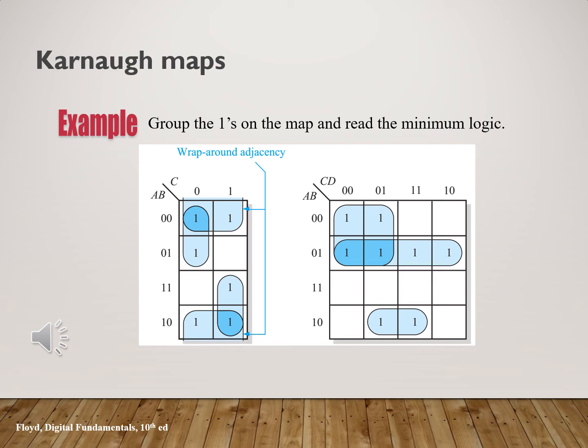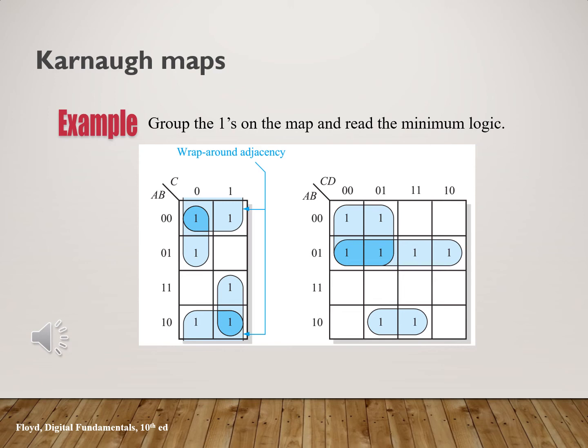Here you can see that the first row and the last row is taken as a wraparound adjacency. So you have to club the first row, two columns, on the second row both the columns. Now they can be put together and they will form a group. Then on the left hand side, the first column you have a group, and in the second column down you have one more group.